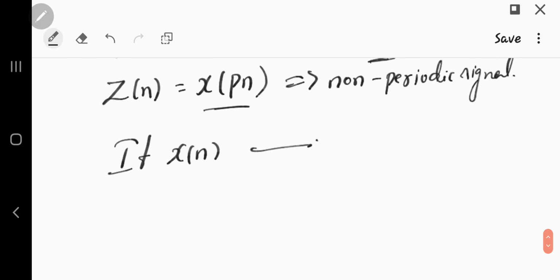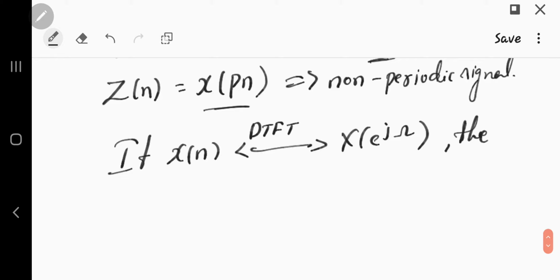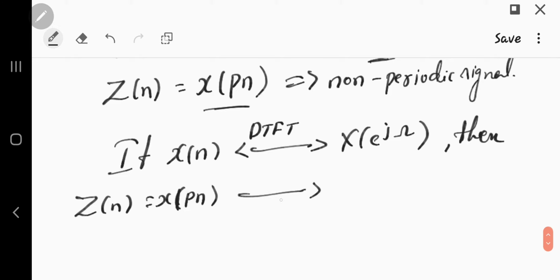If x of n gives x of e power j omega, then z of n is equal to x of pn, or x of an, any alphabet you want.